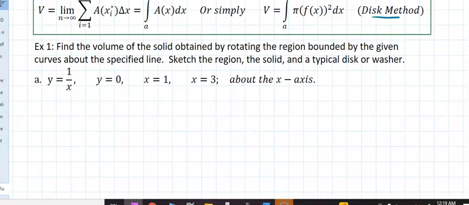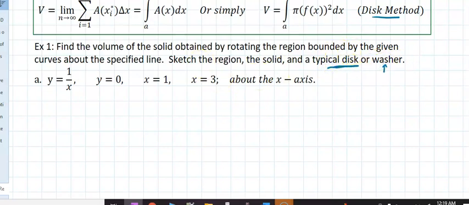So now we're going to do this for two cases. Case 1, assuming there's no gap. Find the volume of the solid obtained by rotating the region bounded by the given curve about the specified line. Sketch the region, the solid, and a typical disk. Washer is coming up after. Now we're going to do the disk method.